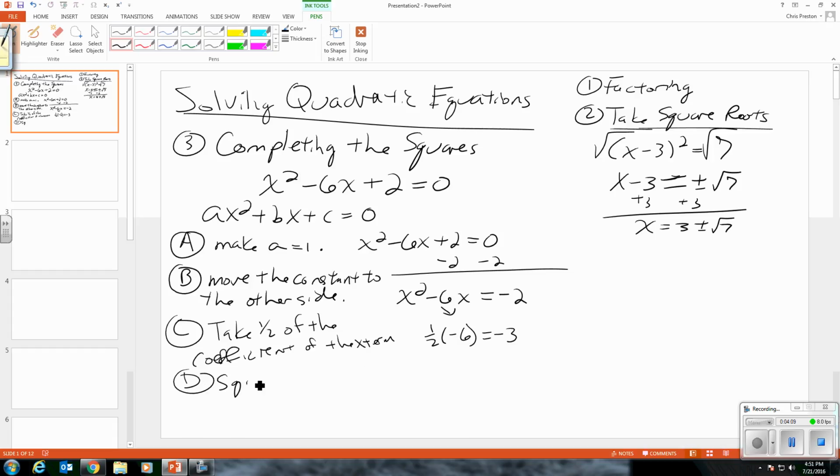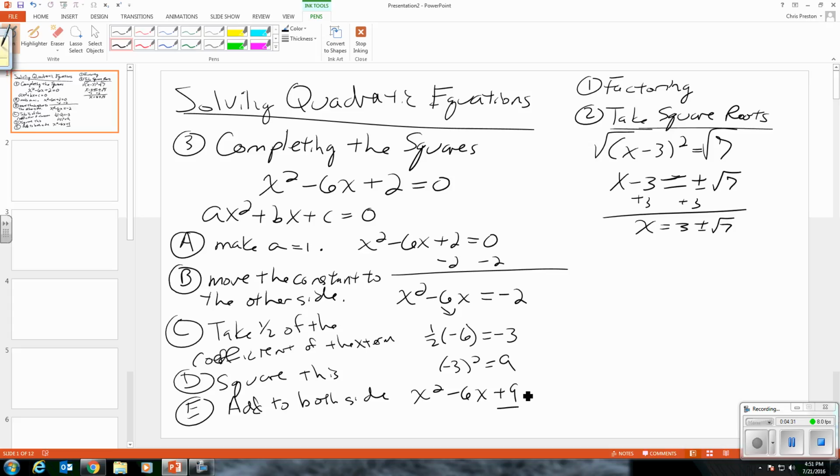Square this. So I'm going to take negative 3 and square it. Add to both sides. So this is going to become x squared minus 6x plus 9. I'm adding 9 to that side, and negative 2 plus 9.